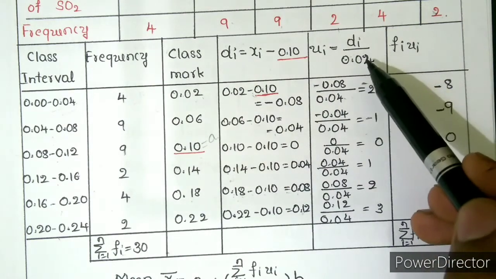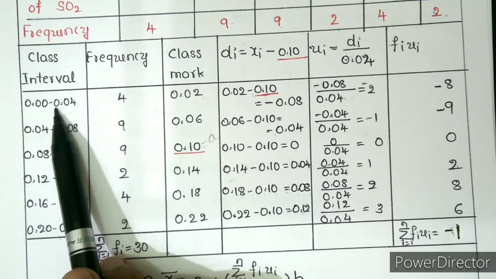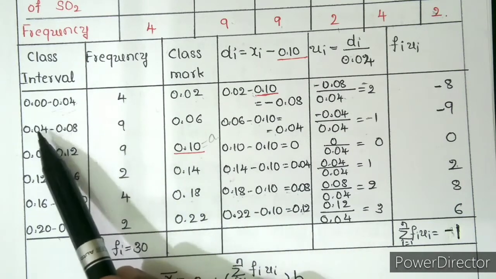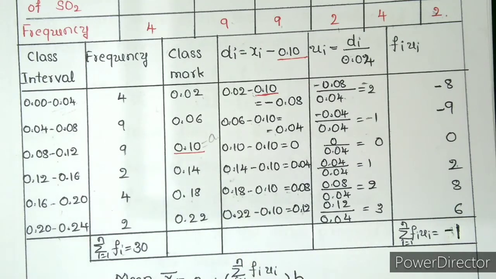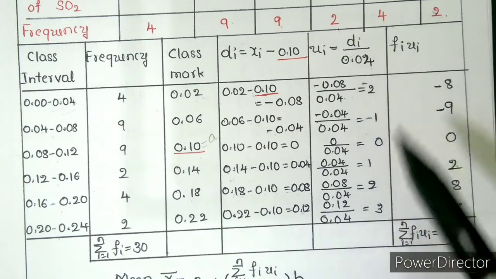Okay, the difference is the class size, which is 0.04. The class size of every interval is 0.04. The class size h equal to upper limit minus lower limit, so that is 0.04. So we have to divide by 0.04.